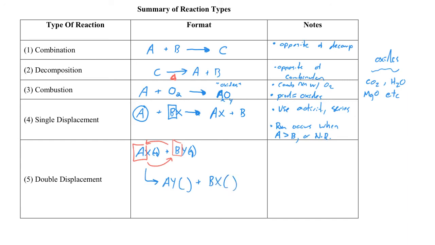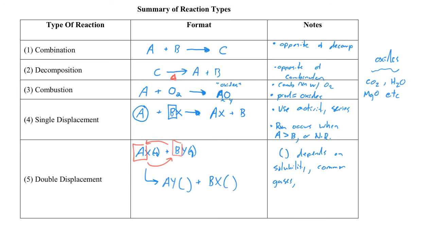And the phases of these will depend on things like the solubility. So I'm going to make a little note here that inside of the parentheses depends on things like the solubility, common gases, or if we do an acid-base reaction.